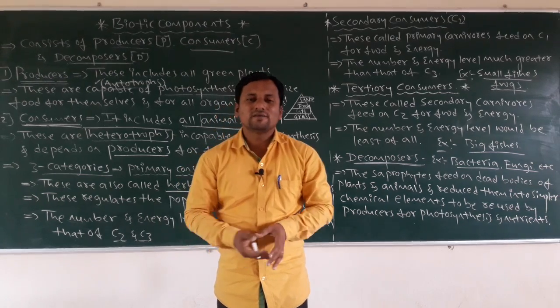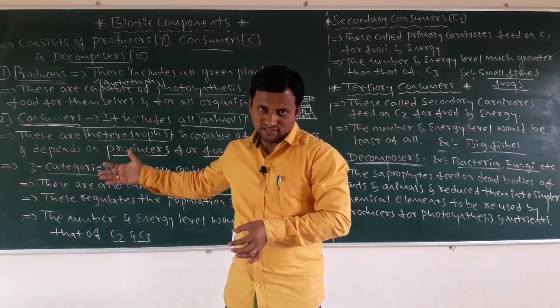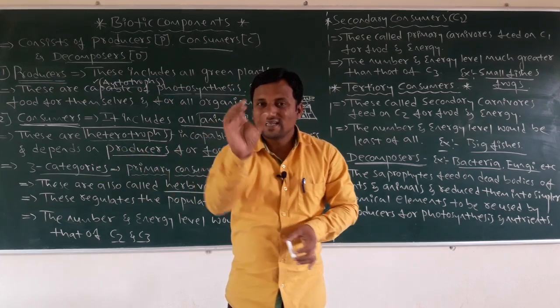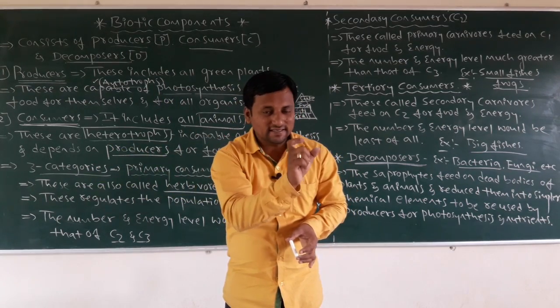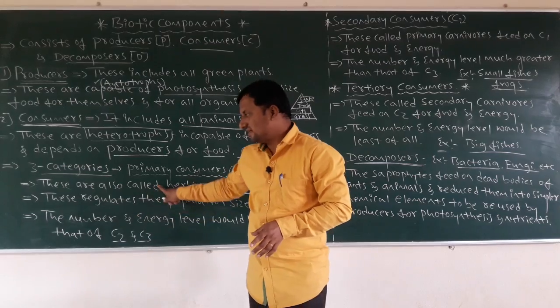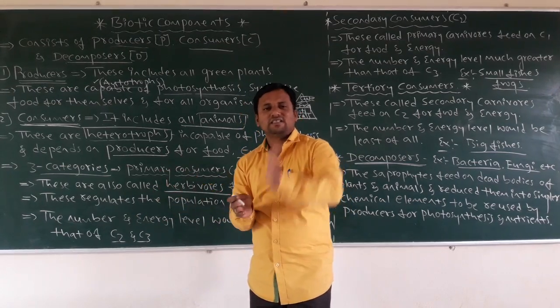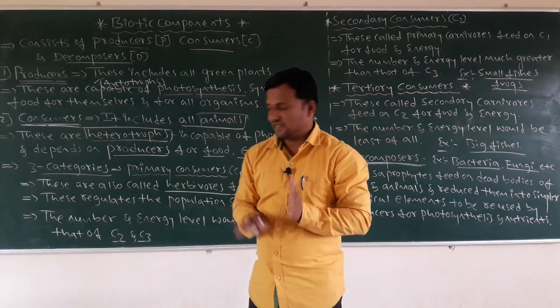So those are all almost all producers. The producer level will vary due to the primary consumers. This regulates, if one increases, the other decreases.